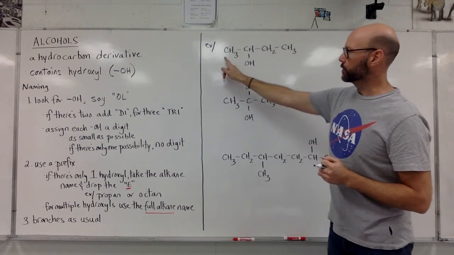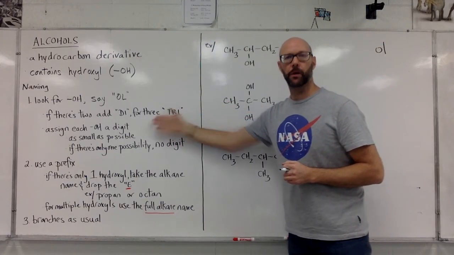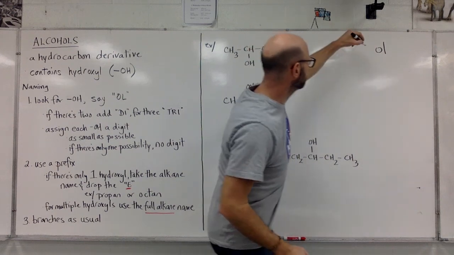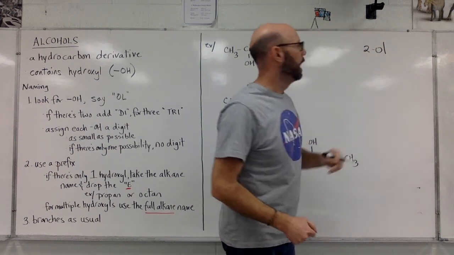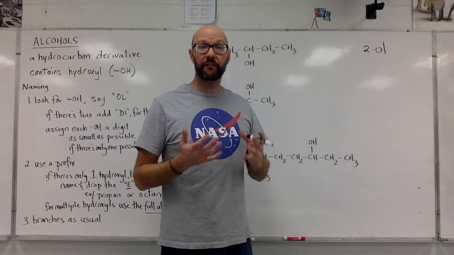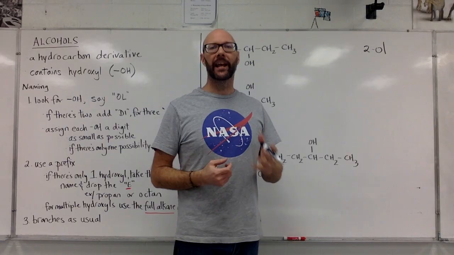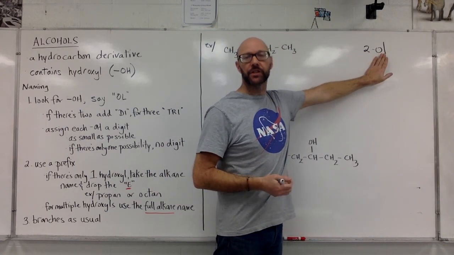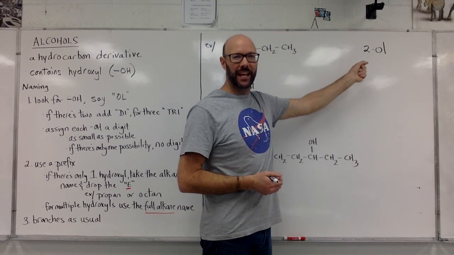If we start from the left, we get a 2. We want that number to be as small as possible, and clearly 2 is smaller than 3. This is a process of naming that's fairly analogous to what we would use for an alkene or an alkyne. The very last syllable matches the functional group, and then there's a digit right at the end of the name.